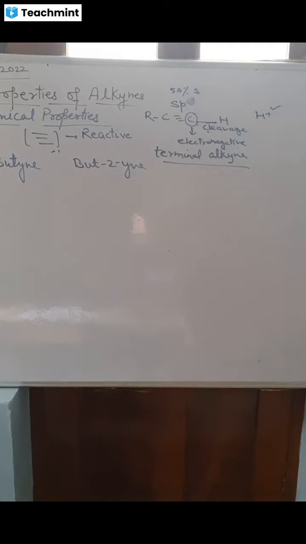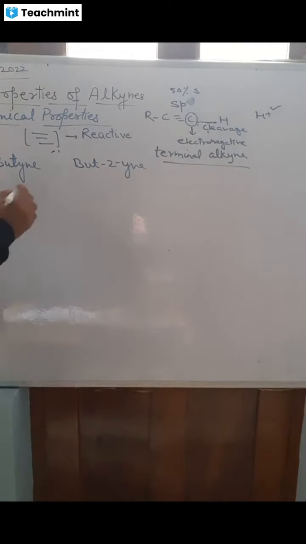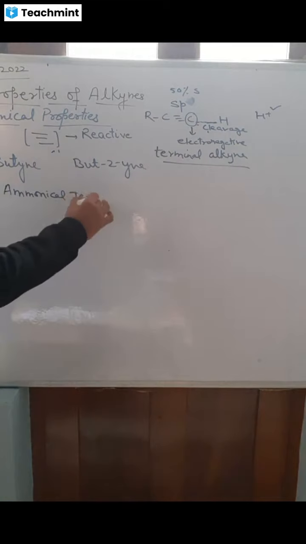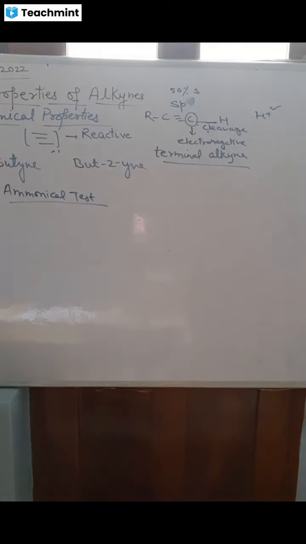Okay beta, to distinguish these, we start with the ammoniacal test. What is that? With the ammoniacal test, what can we do? We can distinguish two alkynes, to tell which alkynes they are.